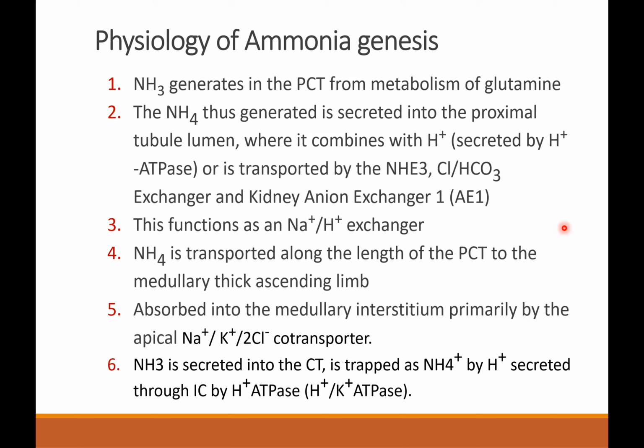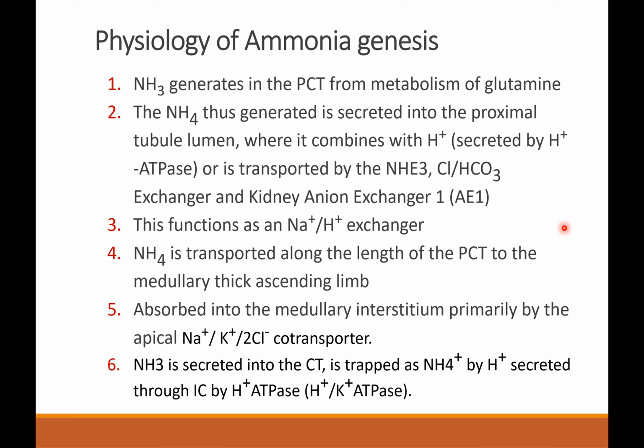Whatever ammonia is absorbed into the medullary interstitium is again brought into the urine. Ammonia is secreted into the collecting duct and is trapped as ammonium ion, again by the hydrogen secreted by the alpha intercalated cell. That hydrogen is secreted by either the H-ATPase, which is the only one available in the distal convoluted tubule or the collecting duct, and that hydrogen again combines.